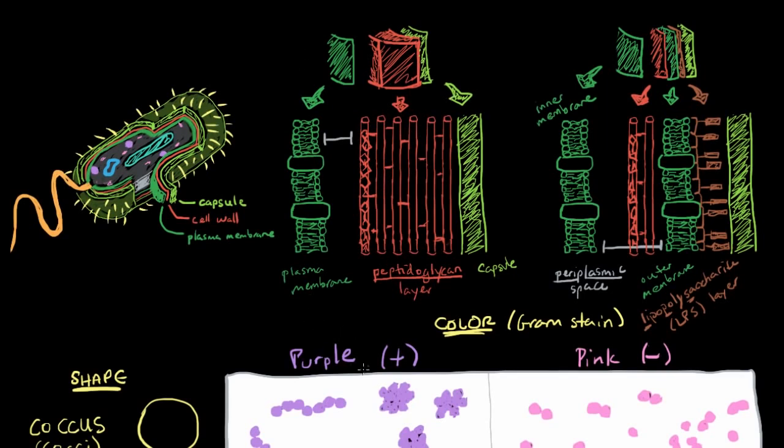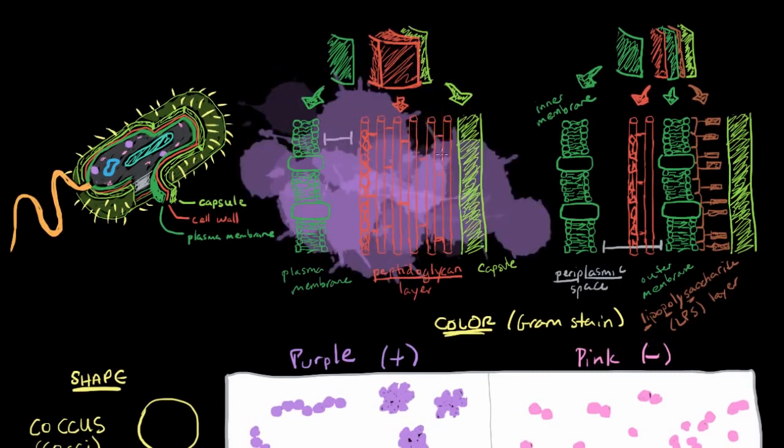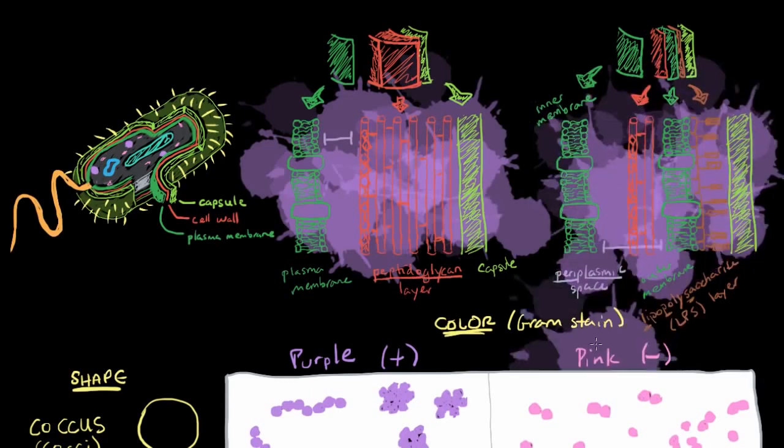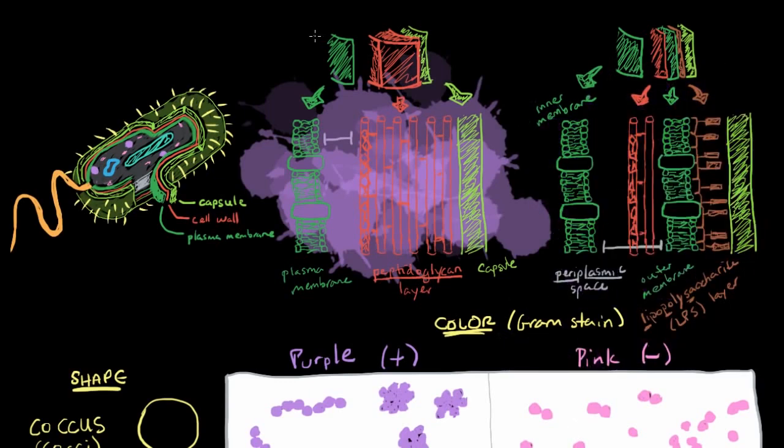So now we can think about why this would show up purple and this one pink. So the Gram stain, when you first apply it to a bacteria, it just stains the whole thing purple. And then you'll wash it off. And because the Gram-negative bacteria has this very thin peptidoglycan layer in their cell wall, it washes right off.